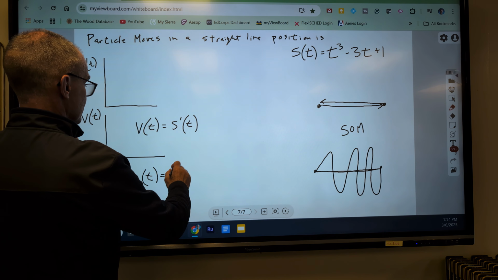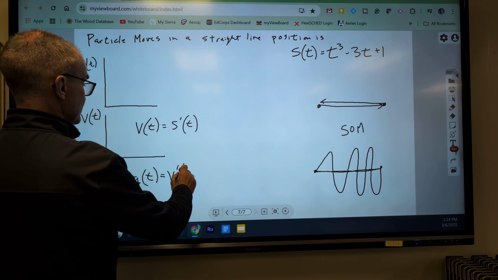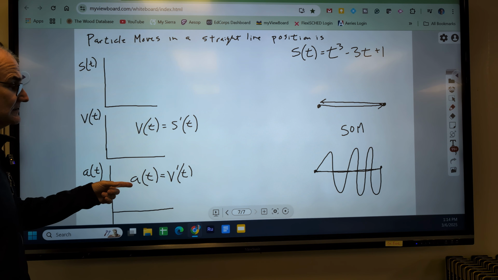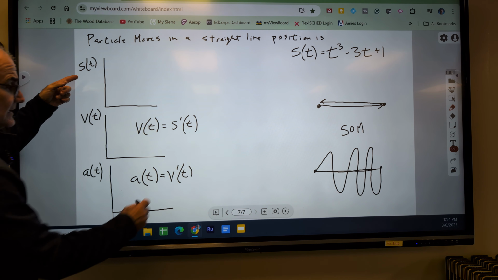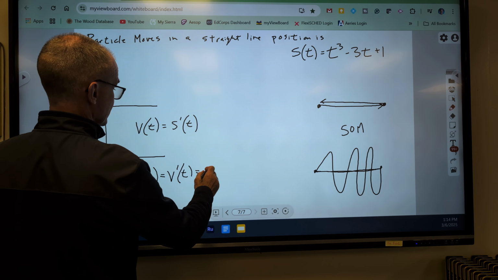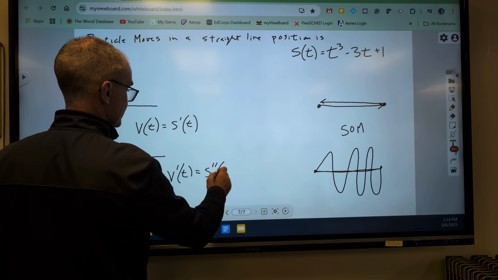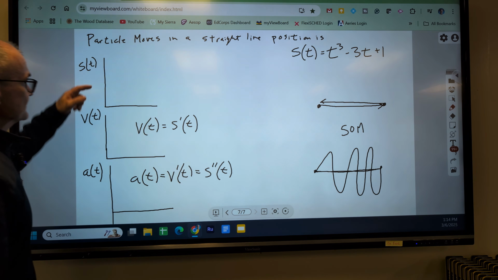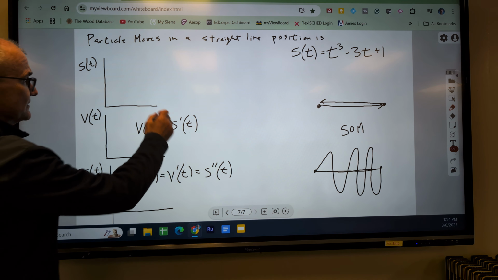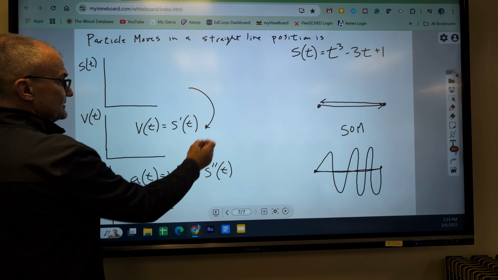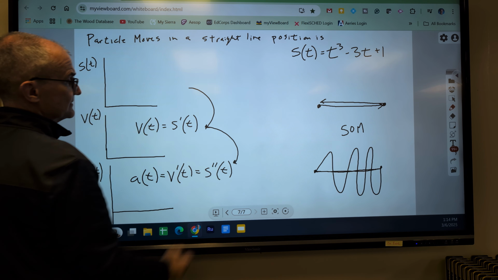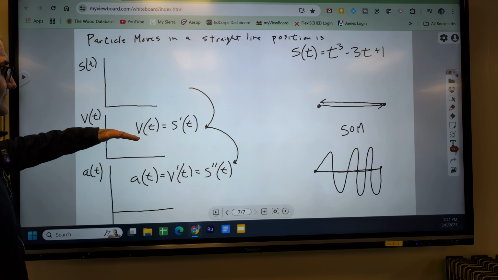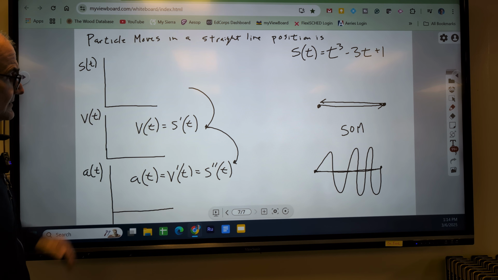So we could take the derivative of velocity to get acceleration, or we could take the second derivative of displacement. To go from here to here, we take the derivative. To go from here to here, we take the derivative. We derive velocity from displacement.